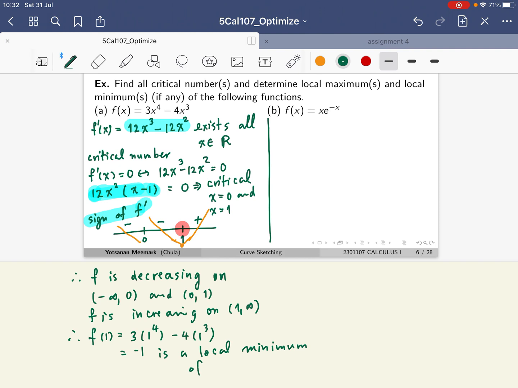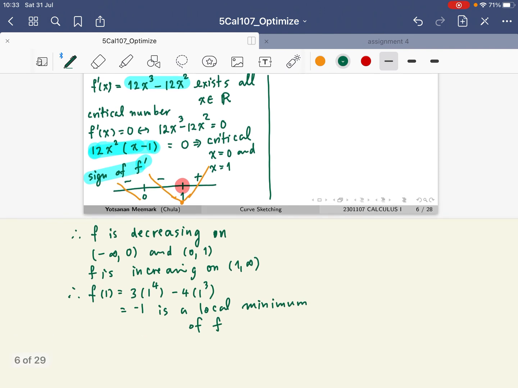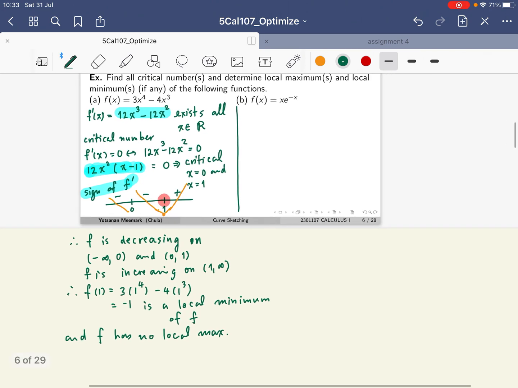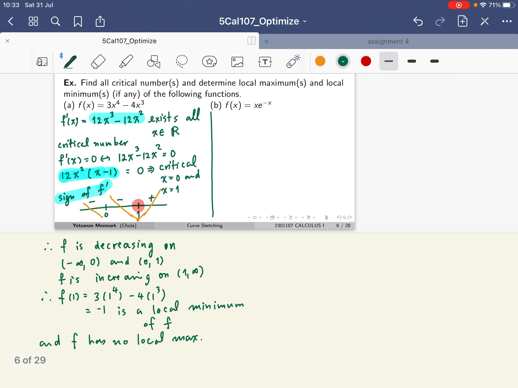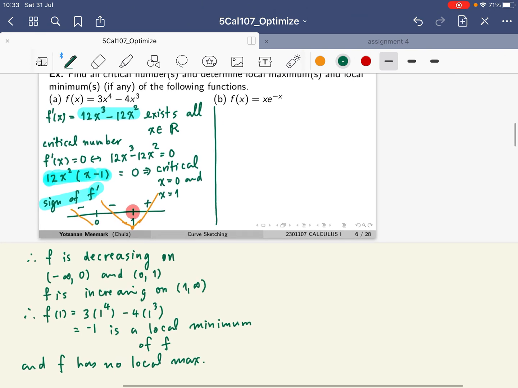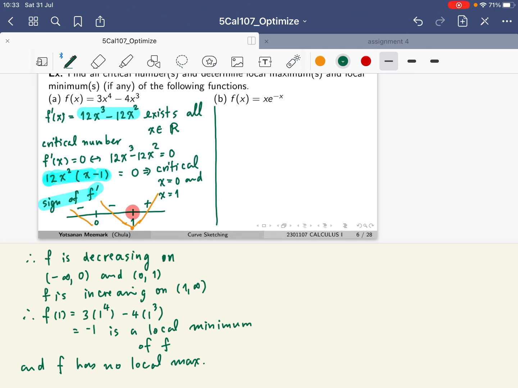of this function. And your f has no local max. Are we all right? For this one your f only has a local minimum but no local maximum.